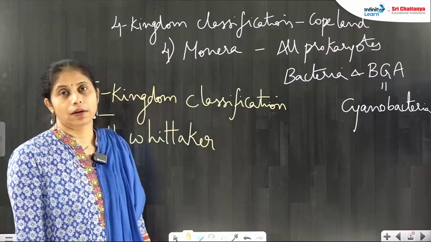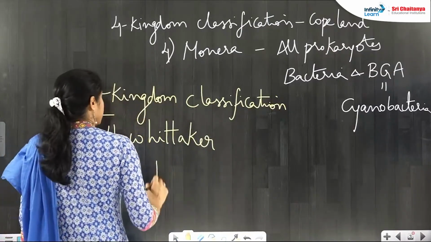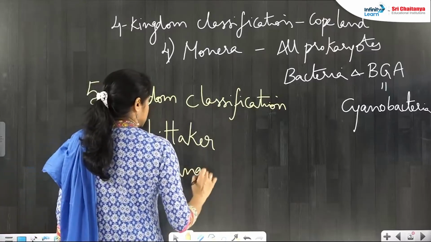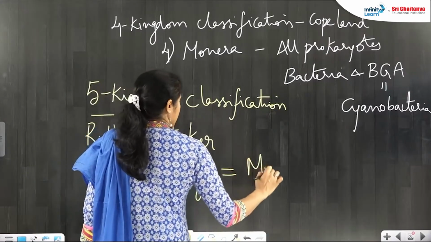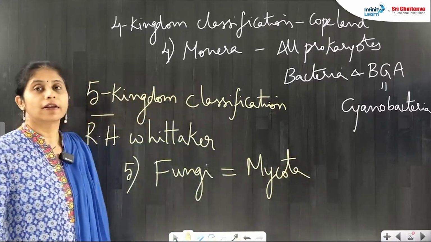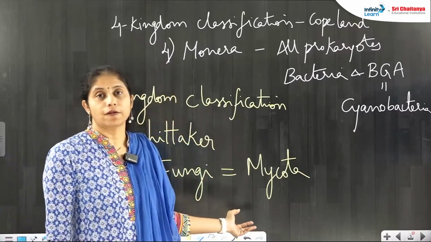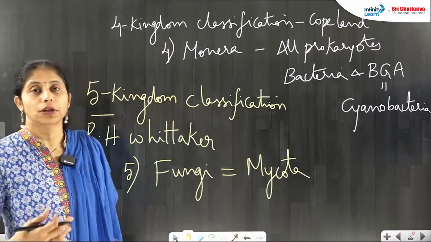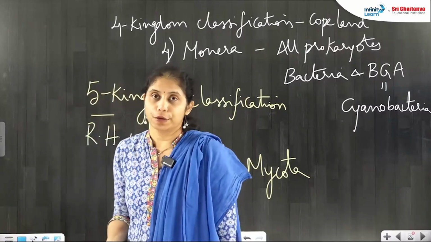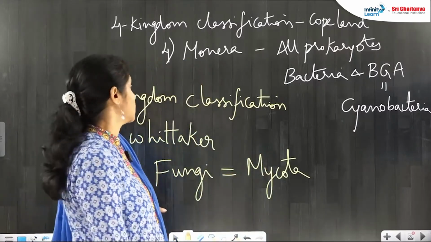R.H. Whittaker. He added the fifth kingdom, that is fungi or mycota. He separated the fungi from plants and created the fifth kingdom, fungi or mycota, which showed the absorptive mode of nutrition.